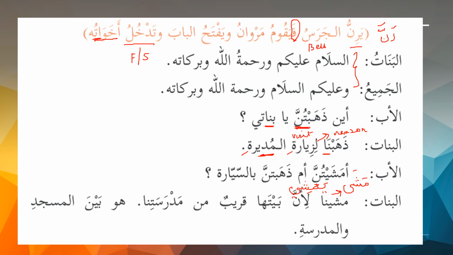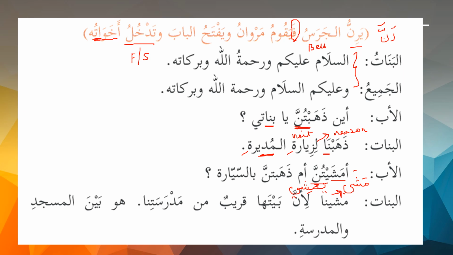Whenever you are going to attach the pronoun with a verb which has an alif maksura at the end, in this case this is the past tense. So what I was saying, masha, in present tense becomes yamshi. The alif maksura changes to ya.